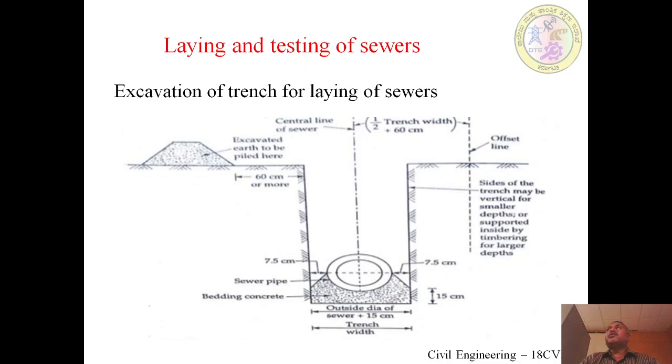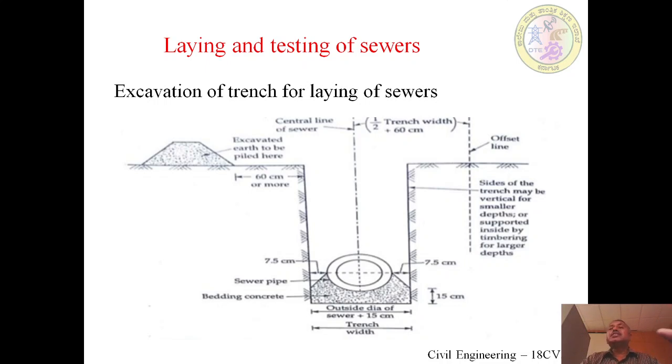Usually in the design of sewers, after finding the outside diameter, we place the sewer with a clearance of 7.5 centimeters on either side. So the sewer invert has been laid over the concrete, along with the required level and alignment.